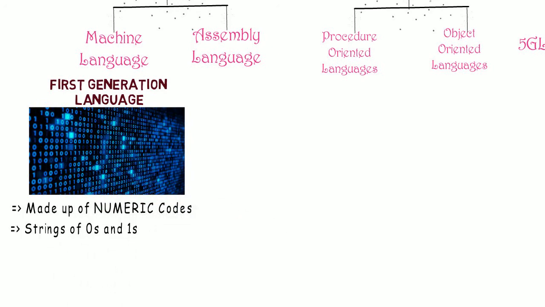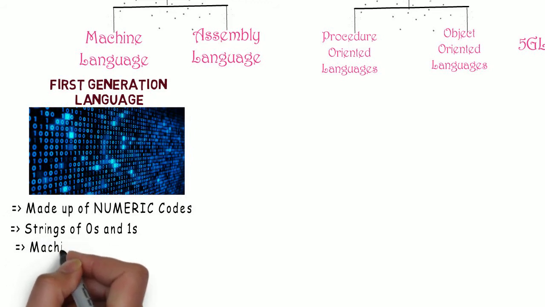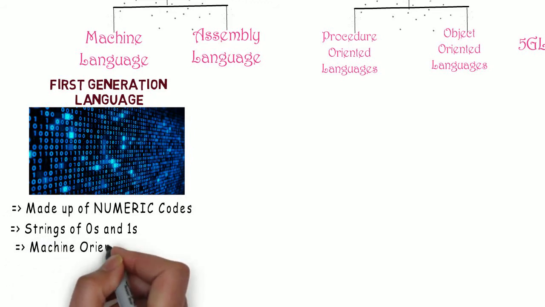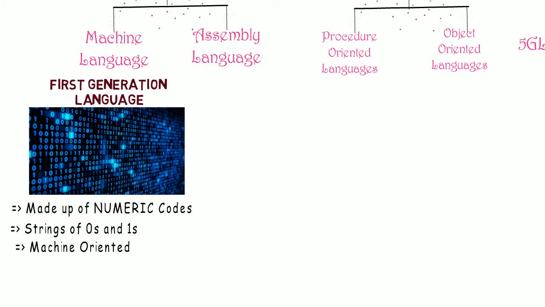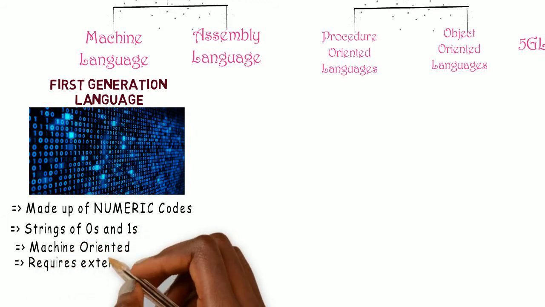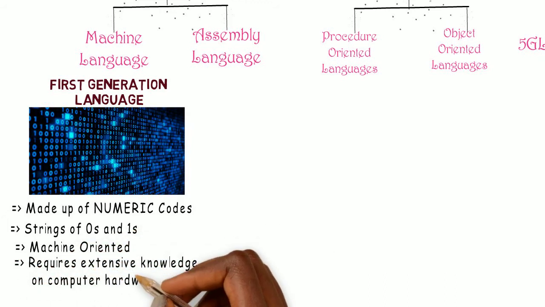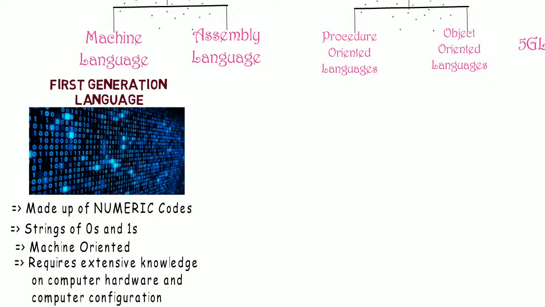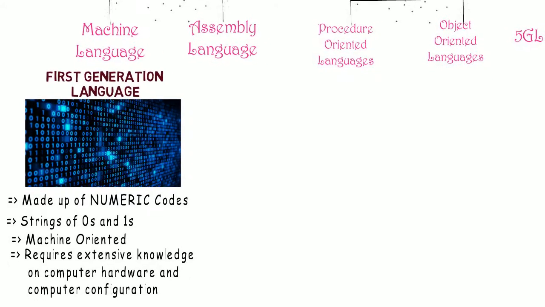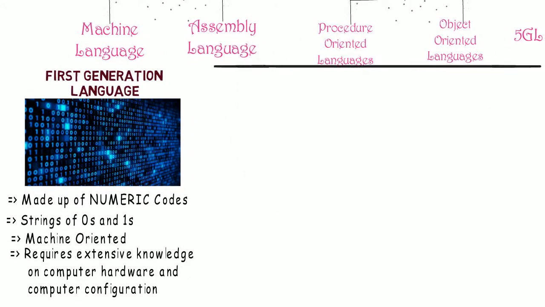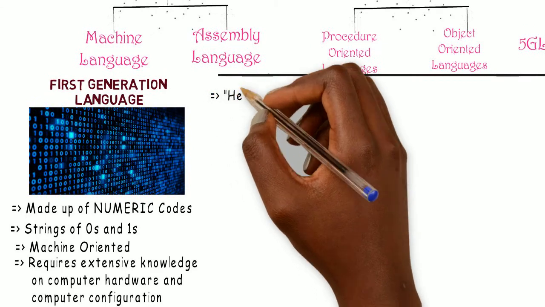It is considered a native language since it is directly understood by the processor. Binary language, or the machine code, is machine-oriented and requires extensive knowledge of computer hardware and its configuration.